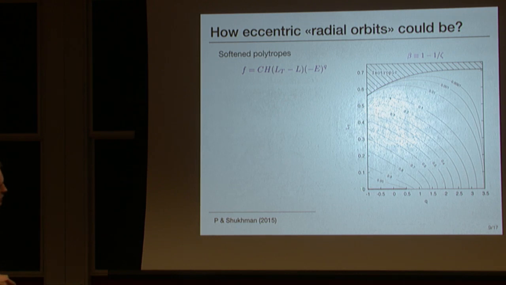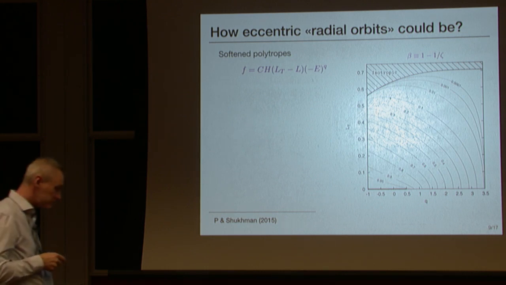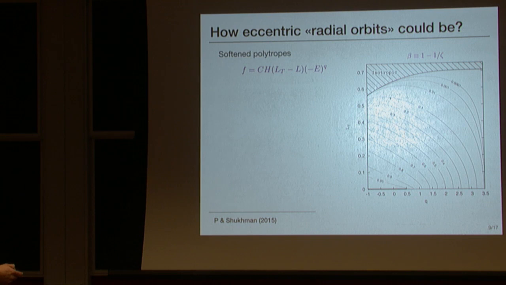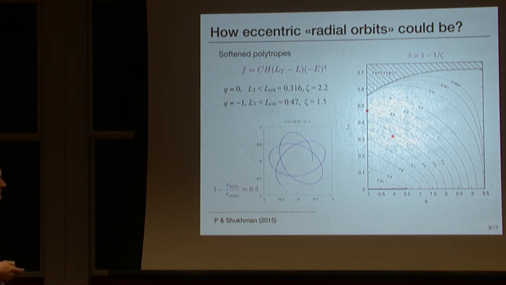And what I'm going to do is to fix Q and go along the vertical axis and to see when radial orbit instability disappears. So for Q equal to 0, it will be here. For Q equal to -1, it will be here. And I calculated the trajectory for this L. It looks like this. So it's not quite eccentric.